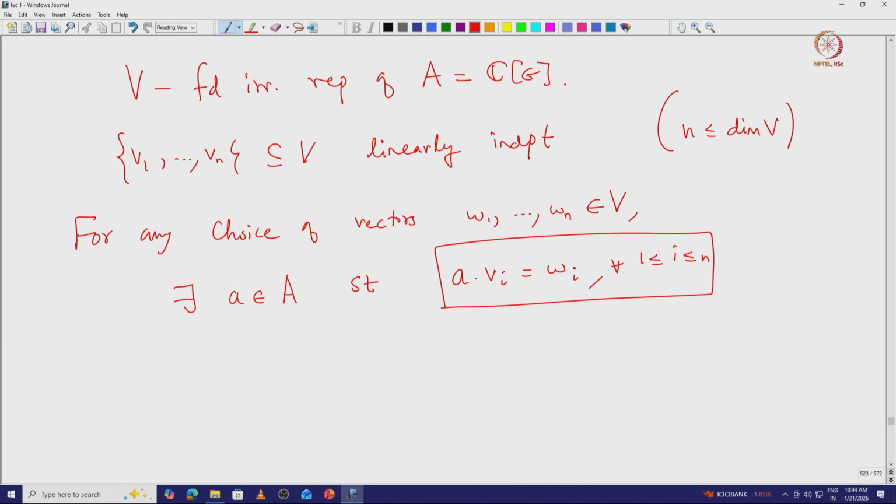So, this is what this version of the density theorem tells. Okay. So, you can call this the density theorem.